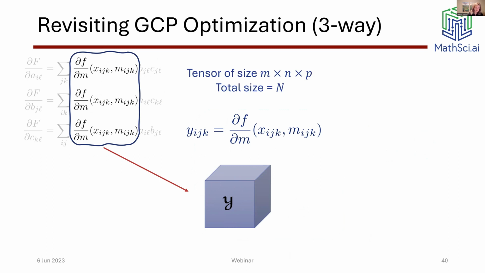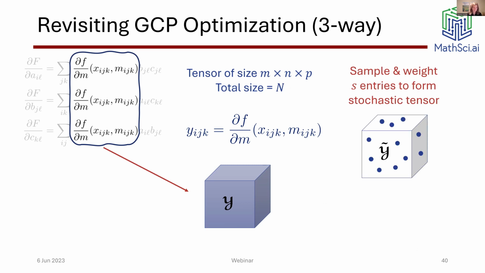Its total size is m by n by p, which I'm going to call big N, just for comparison. So big N is the total number of entries in the tensor Y. Then we're going to instead take just a few entries of this tensor Y. That's what picking those IJKs for the stochastic gradient corresponds to.